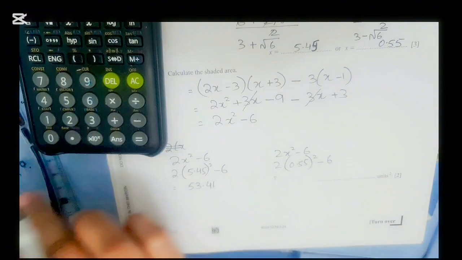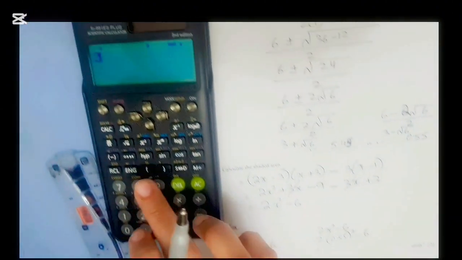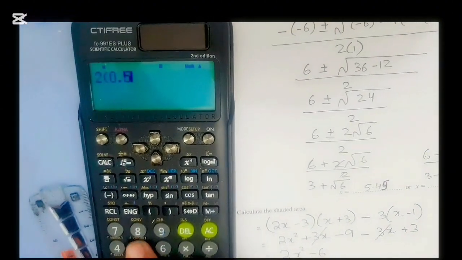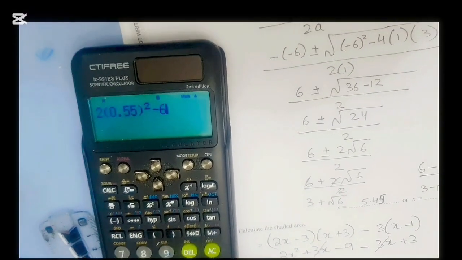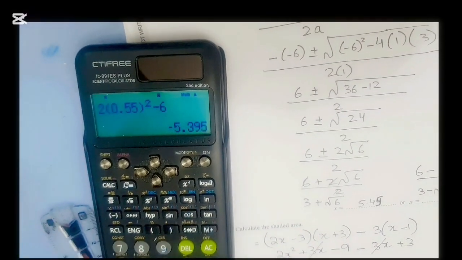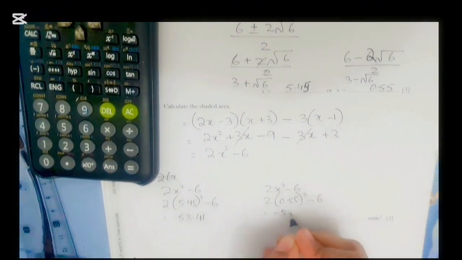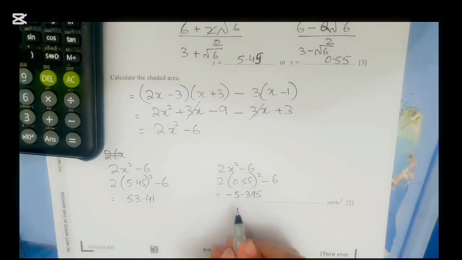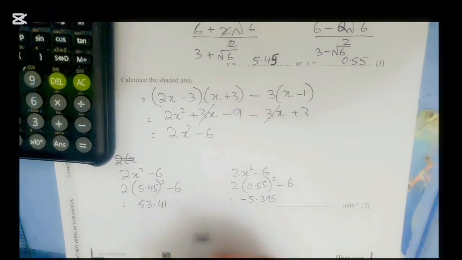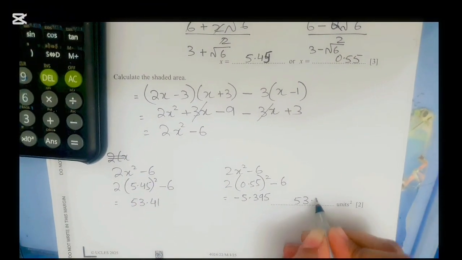I'm rounding off, so it would be 53.41, and now 2 times 0.55 square minus 6, so it would be minus 5.395, but we will never get the negative value, so the positive value is 53.41.